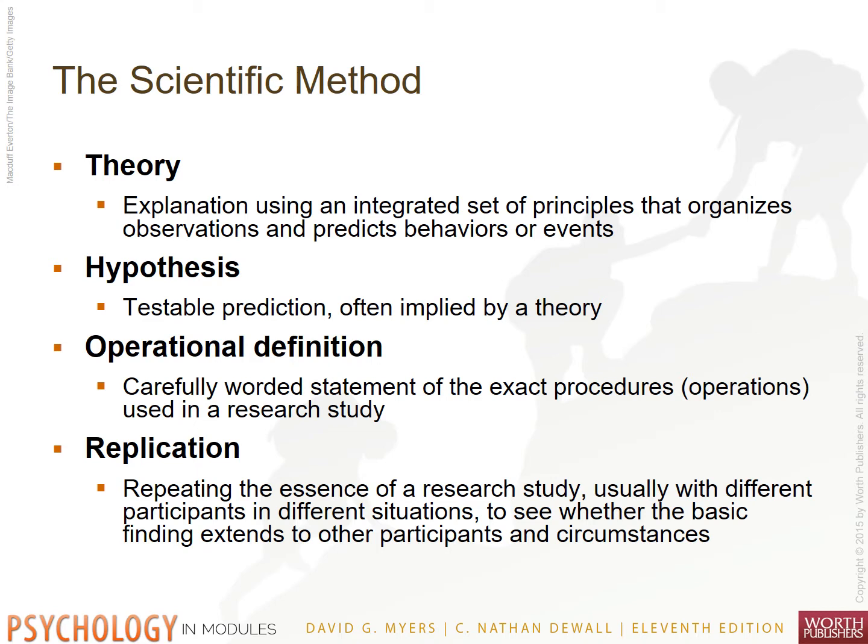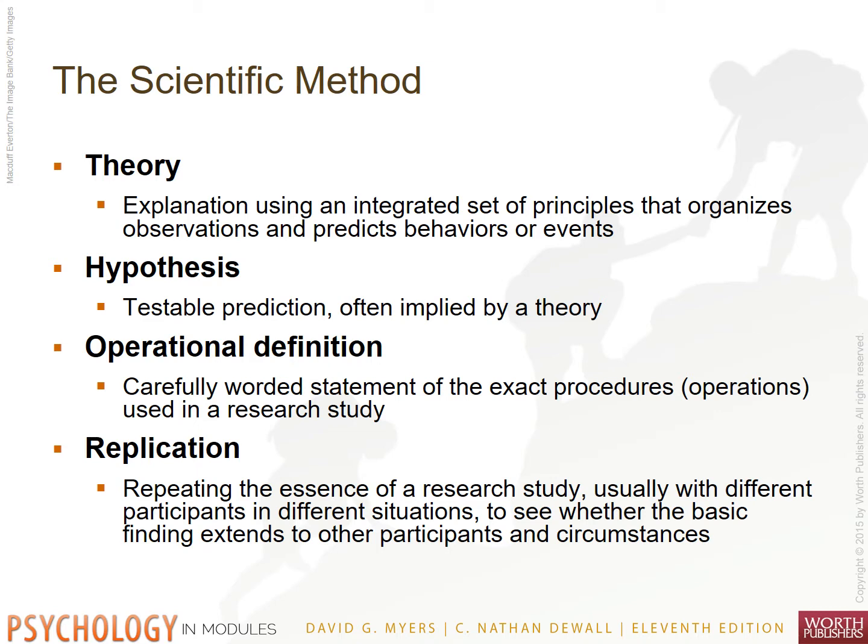And if you replicate 2 or 3 times, you're more confident that your results would hold in the general population that you're interested in studying. Whether that be college students, elderly people, people with mental illness, etc. Whatever your population of interest is in the study, replication gets you more confident that your results would apply to that population.